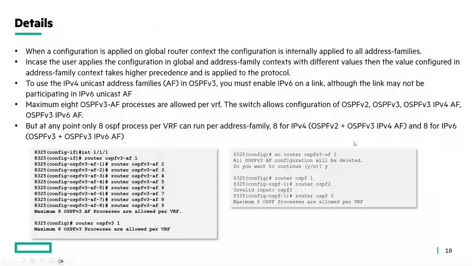A few more details that I'd like to highlight are that when a configuration is applied in the global router context, this configuration is internally applied to all address families, both IPv4 and IPv6.